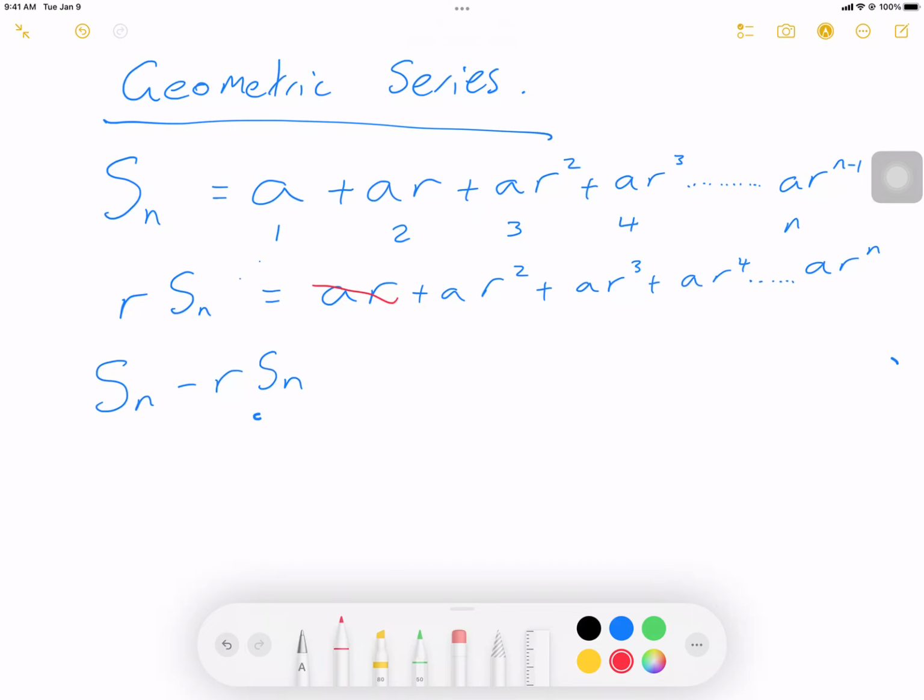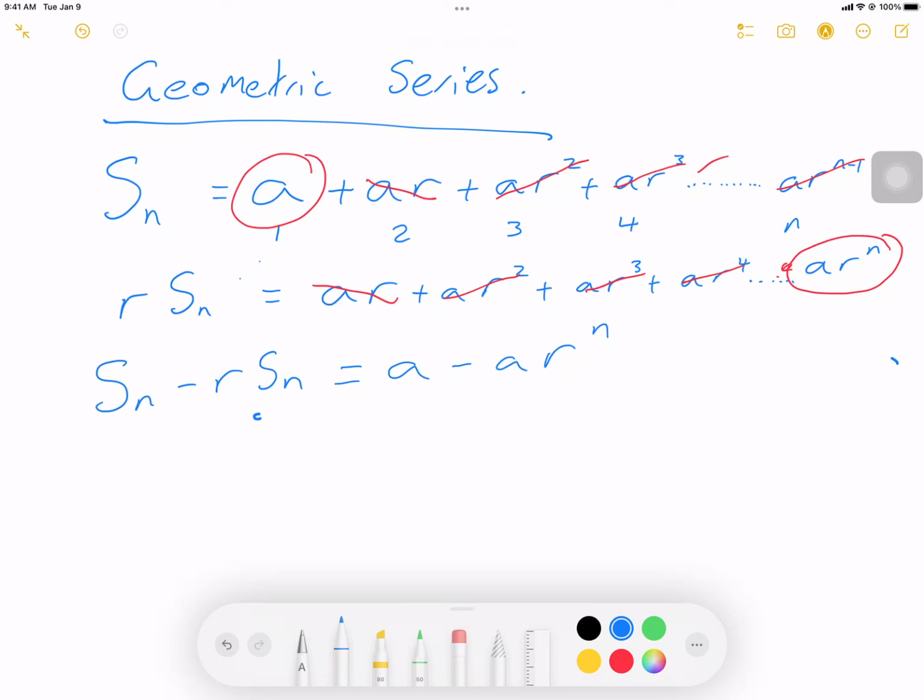So if I cancel that off against there, there against there, and this one would cancel off against the second to last one, I'm going to be left with that, and I'm going to be left with this. So that would be equal to a minus ar to the n.